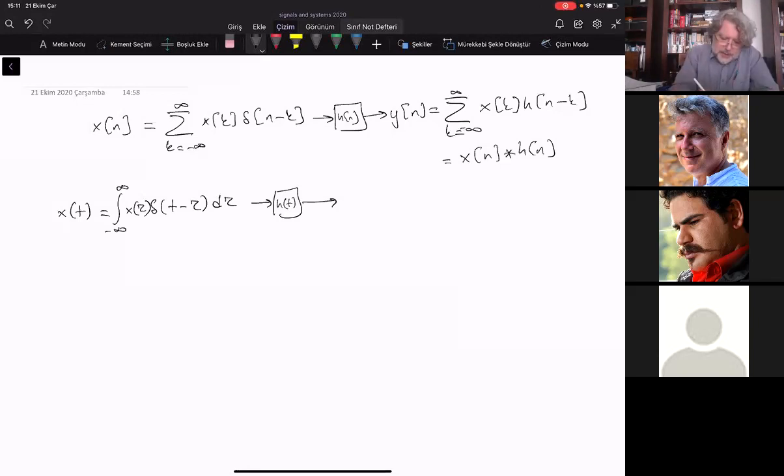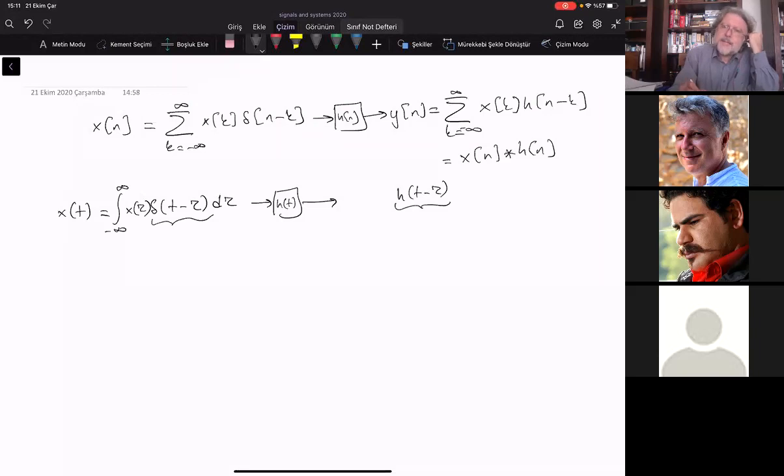Therefore, for delta t minus tau, what will be the output? If the input is delta t, the output is h of t. If the input is delta t minus tau, what is the output? It is h of t minus tau.